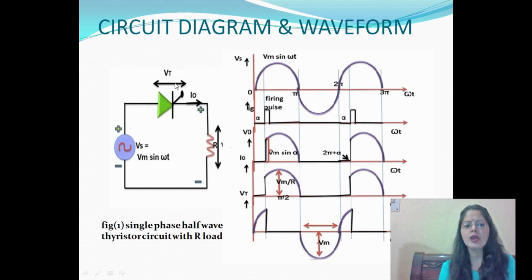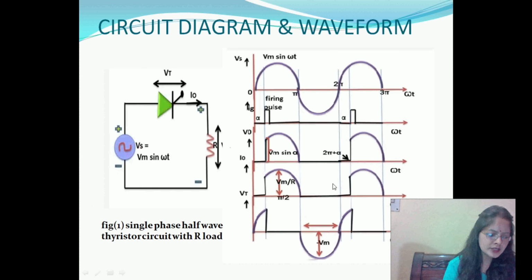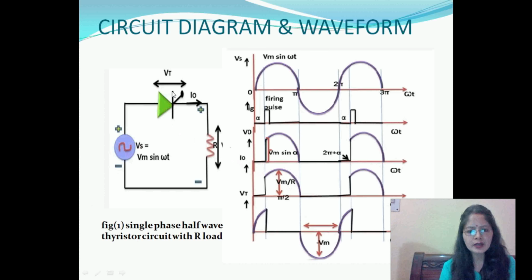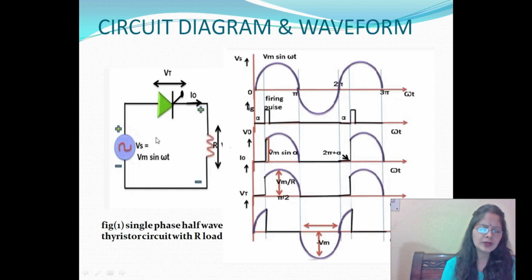In this time V output is 0, I output is 0, and the voltage across this thyristor, Vt, from the time interval pi to 2 pi, is equal to the source voltage Vs.